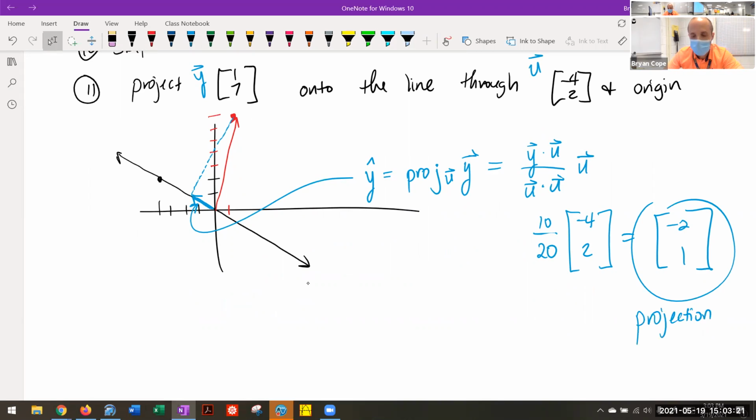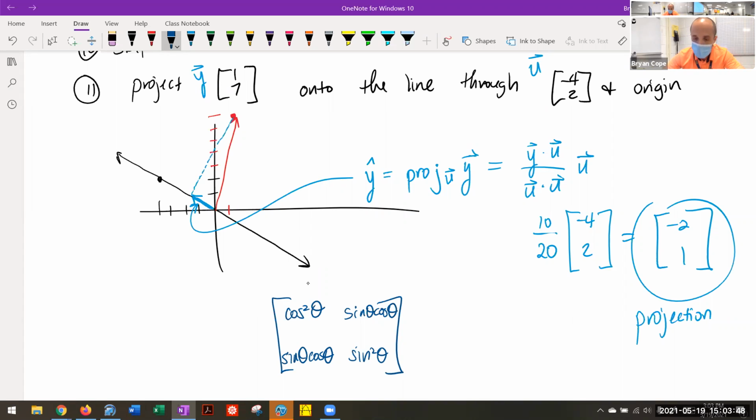And I want to test this with one other method on the calculator just to prove that this is legit, okay? A long time ago, we learned that there's a 2 by 2 matrix that allows us to do a projection. You probably don't have it memorized, but I do because I've done this for 8 years. And here it is. That's the matrix that allows us to project onto a line that makes an angle of theta with the positive x-axis.